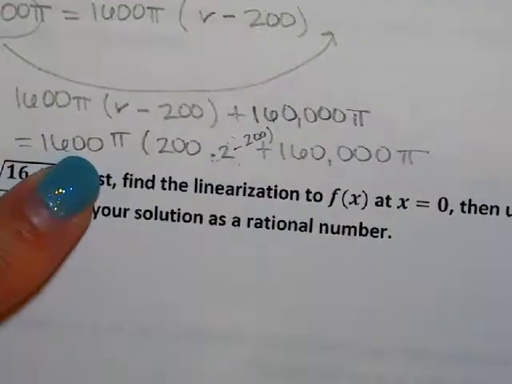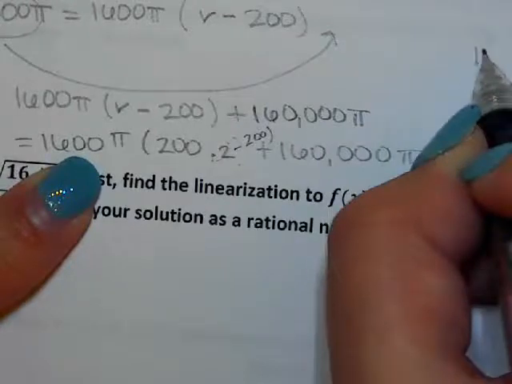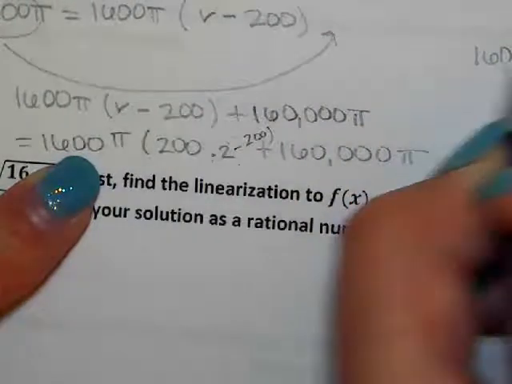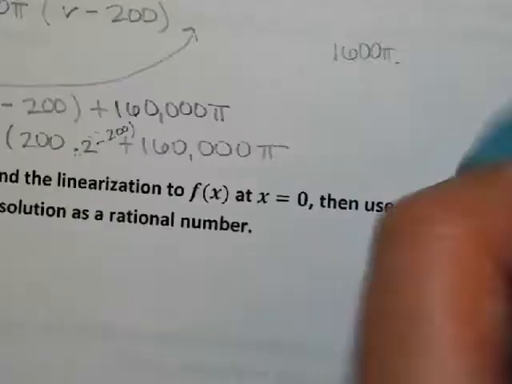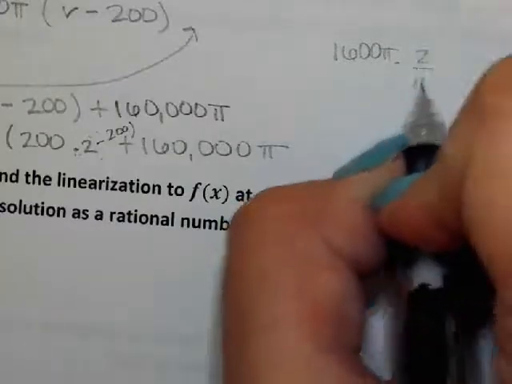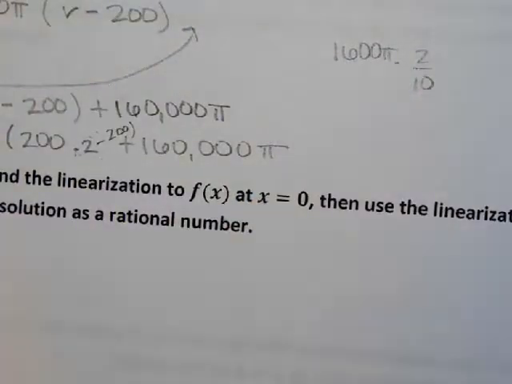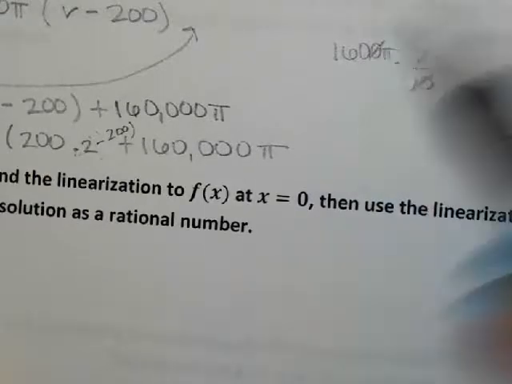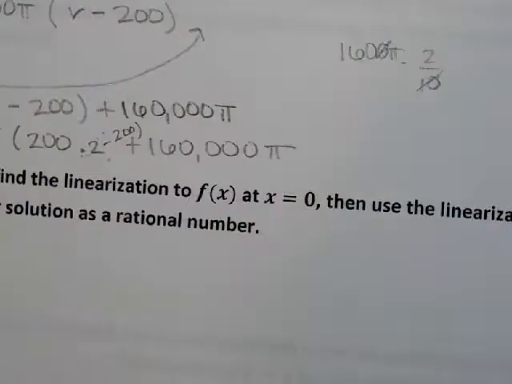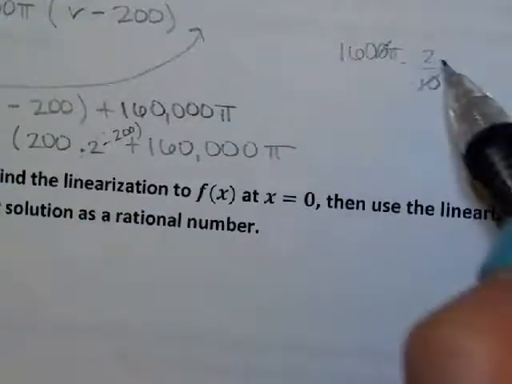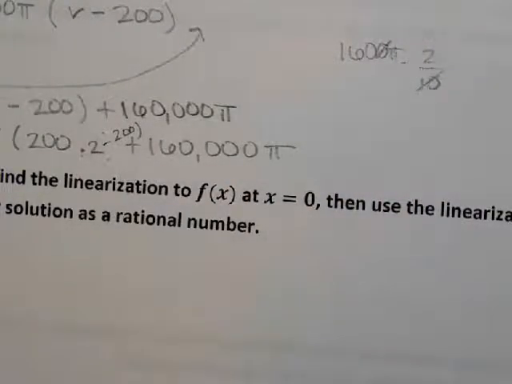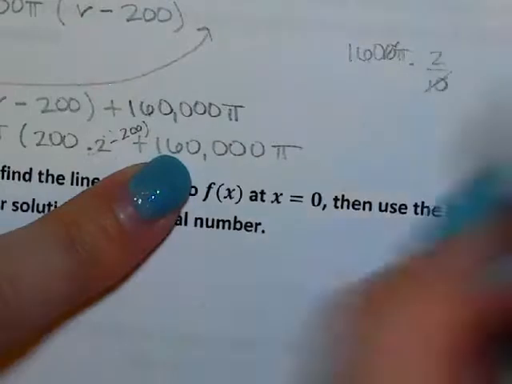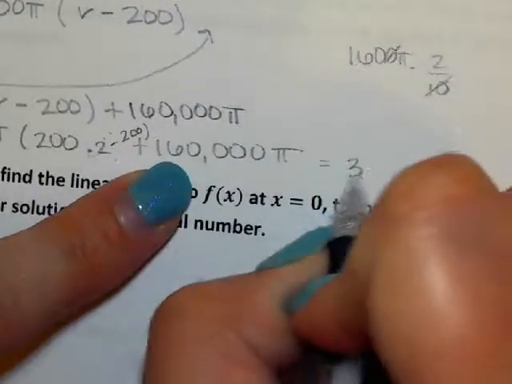So we got 160. This is nice because this is going to cancel out with one of the zeros. What's 160 times 2? 320. Okay. So we've got 320 pi plus.